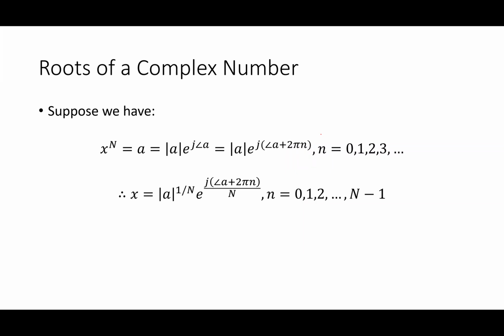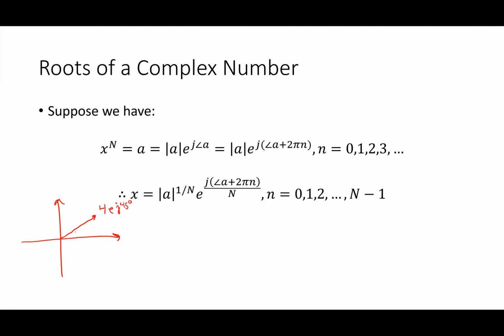So the other thing we talked about here, we talked about this concept of the roots of a complex number, okay? The general idea here is that if I have some number right here, so let's say this is 4e to the j 45 degrees.